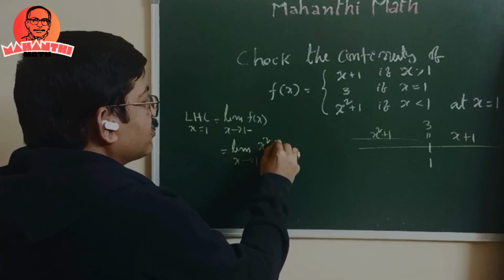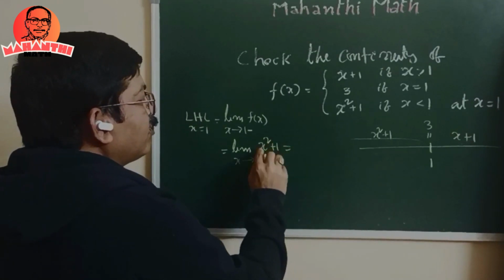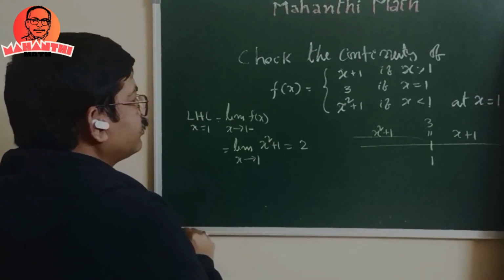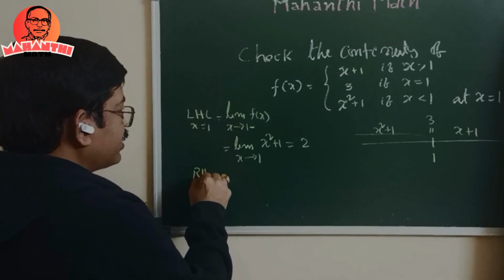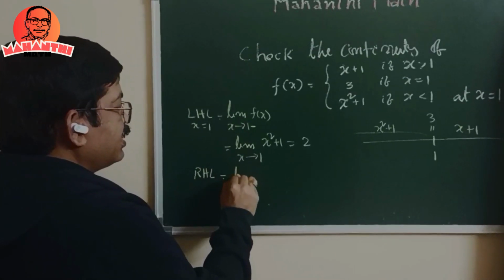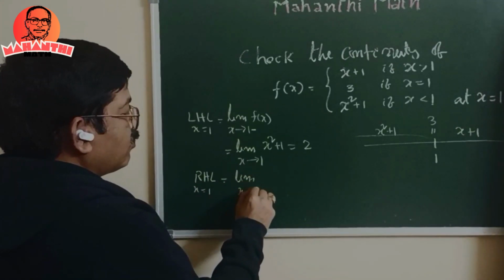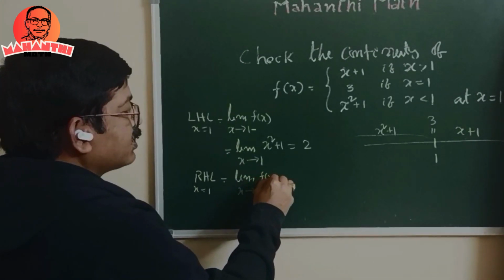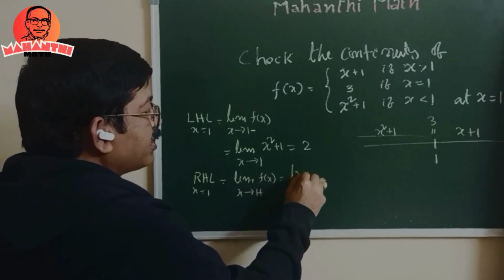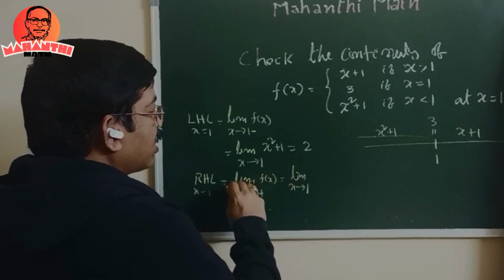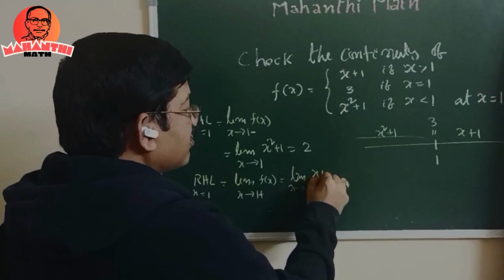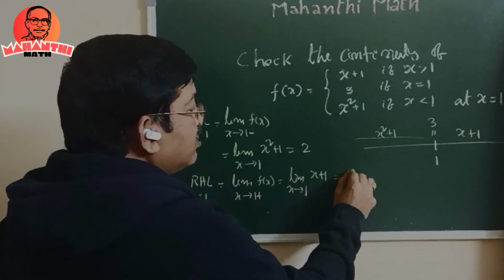X square plus 1. Now 1 square plus 1 is 2. Now what is RHL? RHL is limit x tends to 1 plus f of x, that is limit x tends to 1 of the right side function, x plus 1, equal to 2.